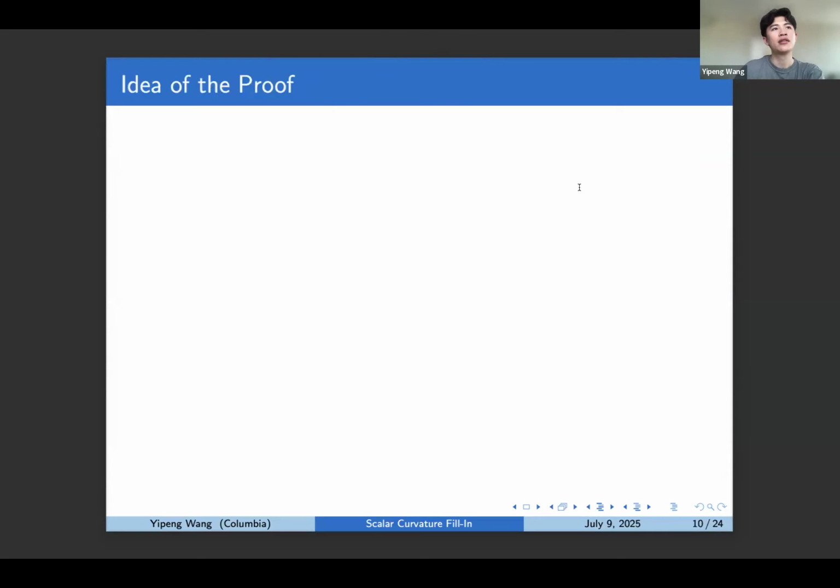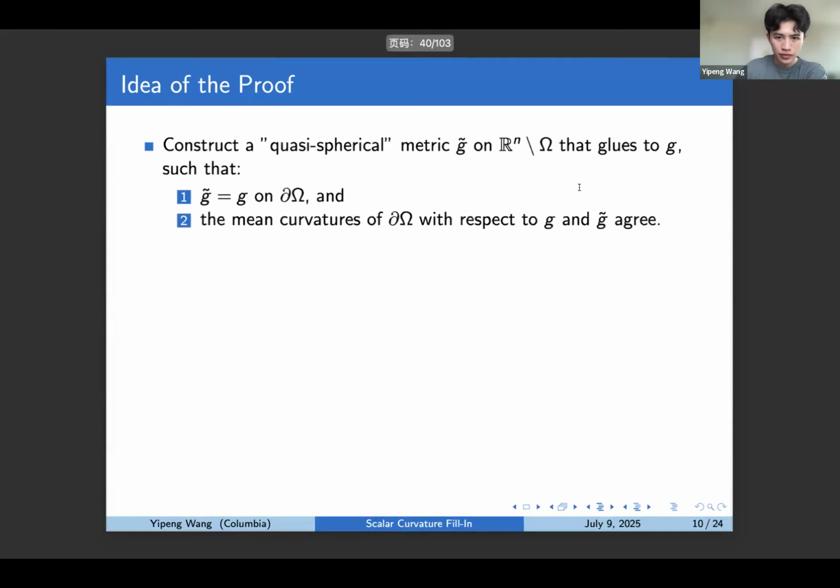Let me describe a little bit the idea of the proof, because as we'll see later, this general machinery works in a lot of different contexts. Let me use one page to explain how the proof goes. They consider a so-called quasi-spherical metric, G tilde, defined outside omega.